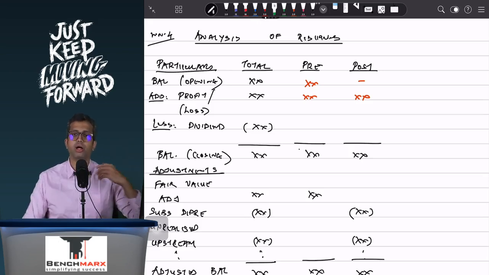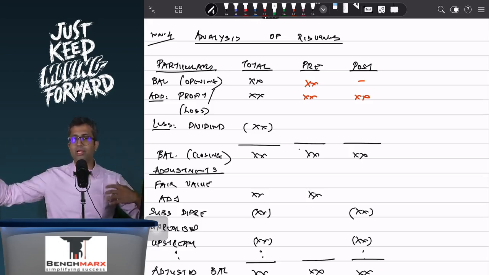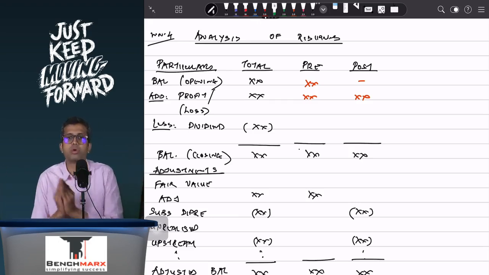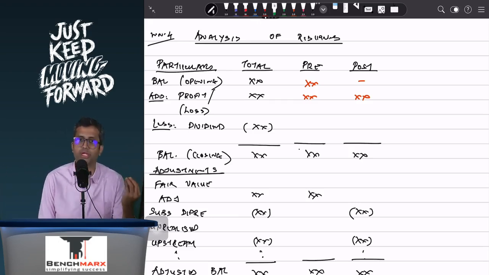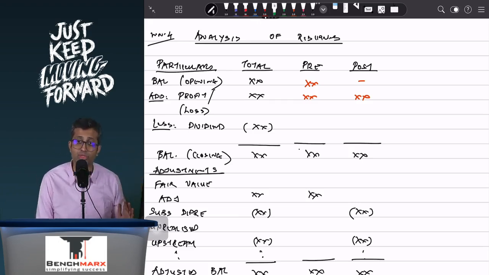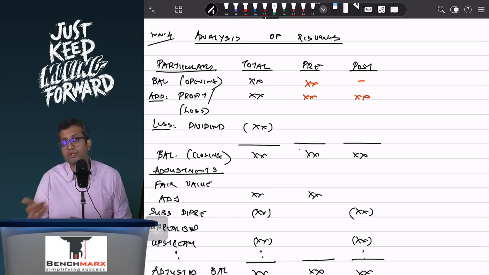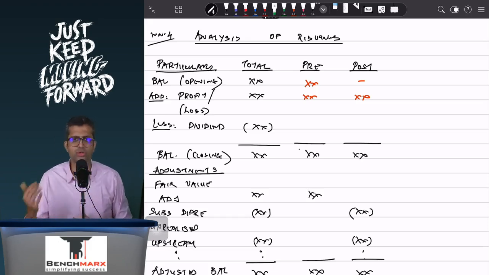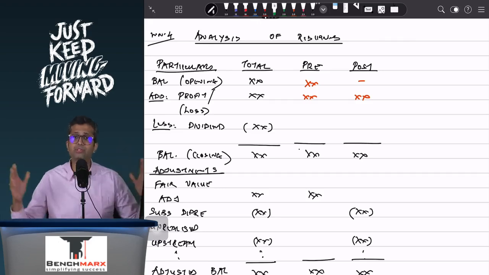However, you don't just attribute blindly whatever is a reserve 80-20 to parent and minorities, because some of those reserves would be earned prior to the date of acquisition, and that parent share in the pre-acquisition reserves will go in finding the pre-acquisition net worth, whereas some reserves are earned after the date of acquisition. These are the reserves after the date of acquisition, post-acquisition profits, which will be consolidated along with the parent's regular reserves because it is under parent's control.